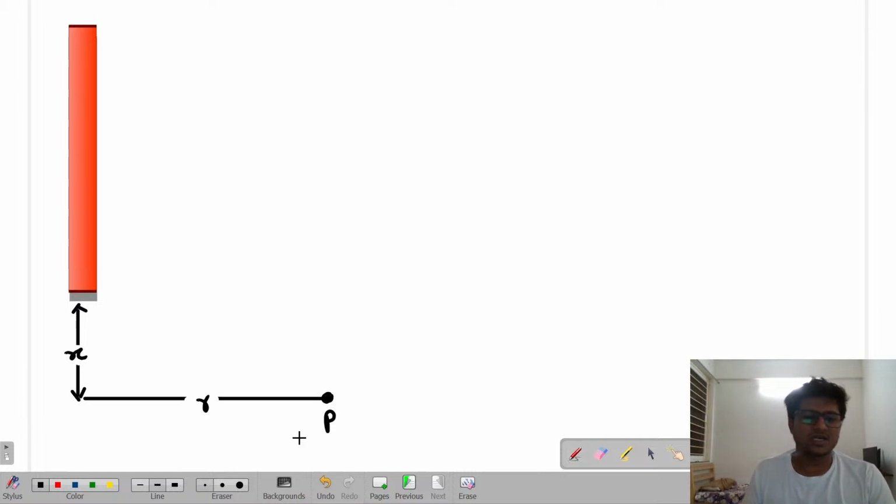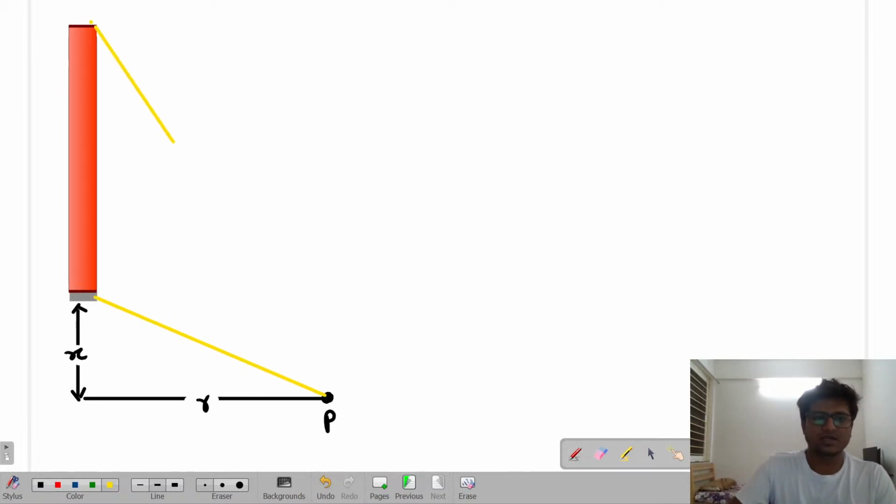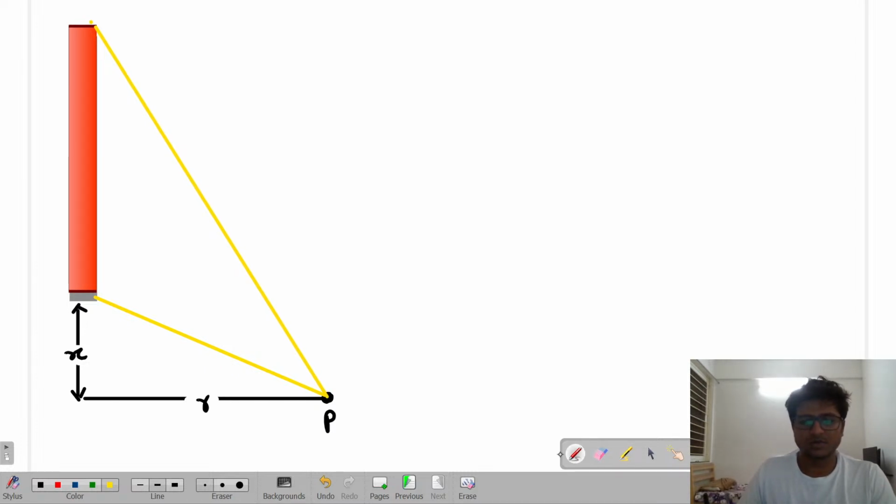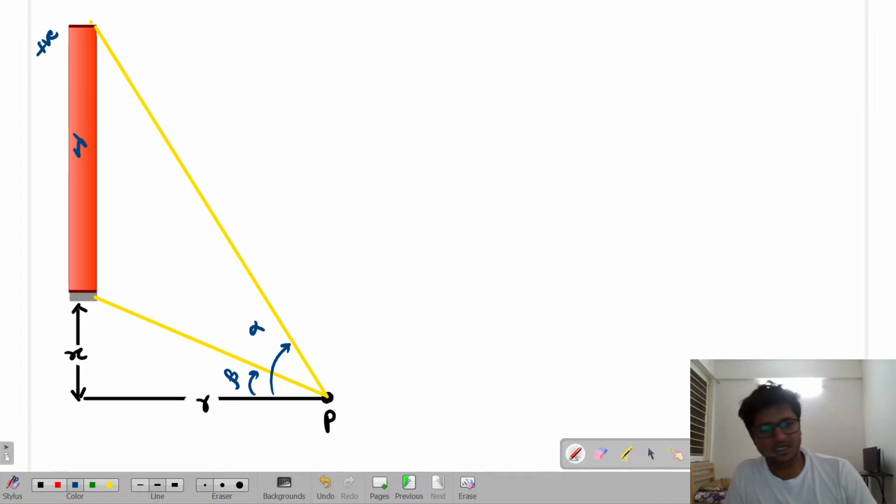I can still write this in terms of beta and alpha by considering the top and end, but the angle subtended will be like this. This will be your beta and this will be your alpha, and this is a positively charged rod with lambda as uniform charge density. Are you able to get me?